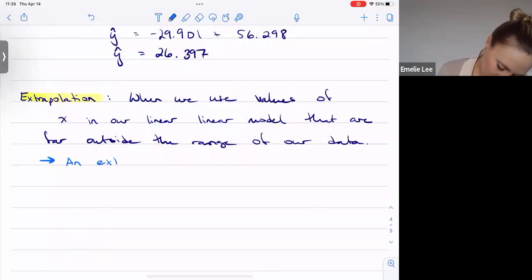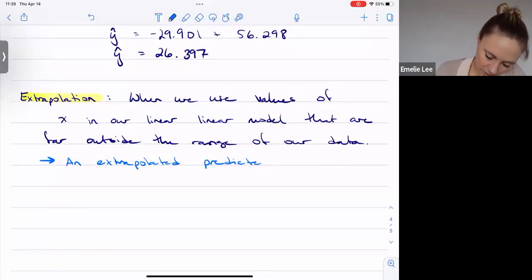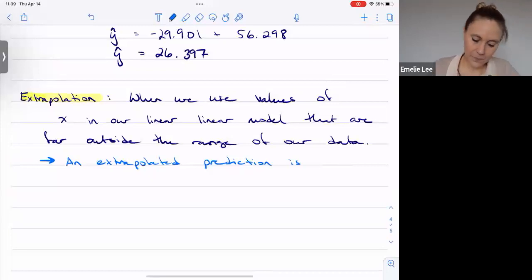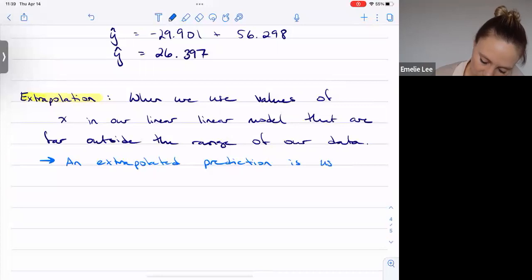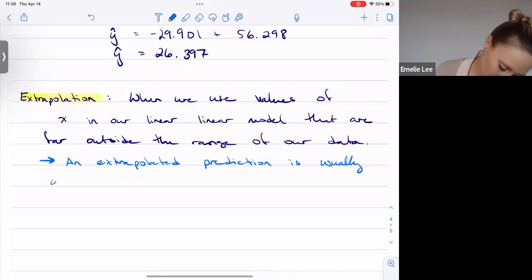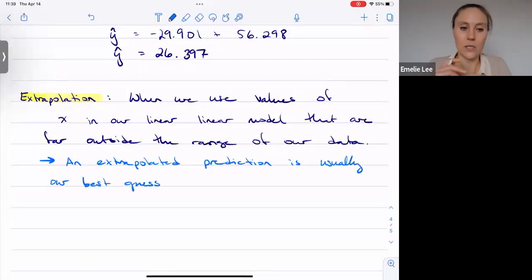An extrapolated prediction is likely still our best guess, unless we have a different model that we should be using, but usually that's not the case. So an extrapolated prediction is usually our best guess, but it's not a reliable guess.